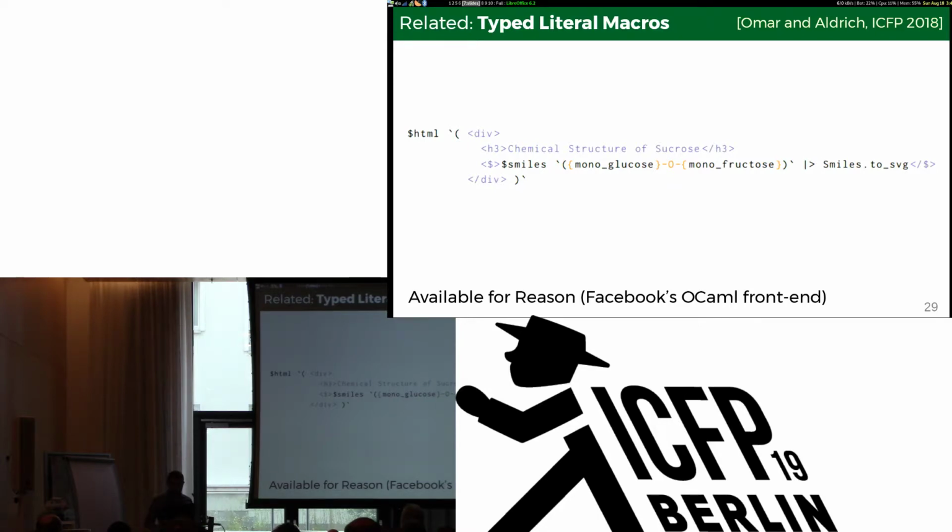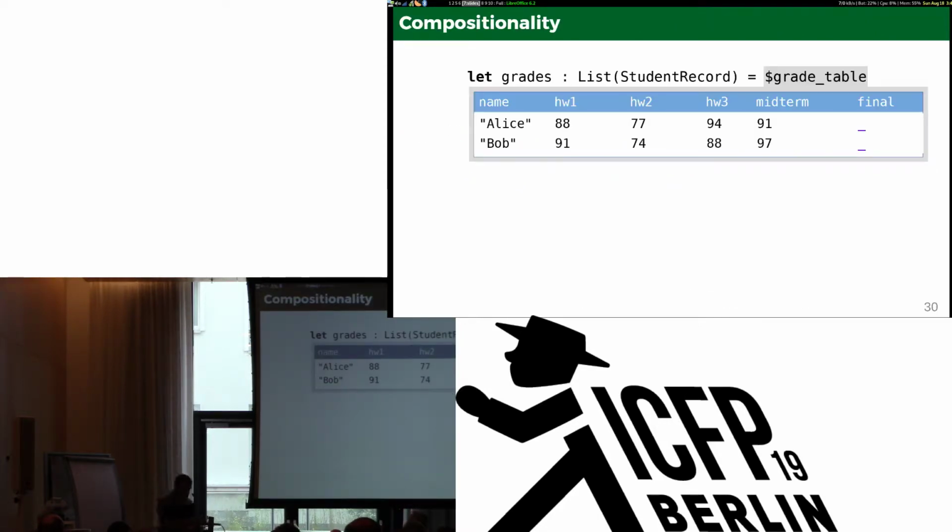The second problem that I mentioned previously is that there's no real compositionality with the palettes mechanism that I showed you previously. What you can do in that mechanism is define a palette, for example, a table of grades. But that table can only itself contain other closed expressions.